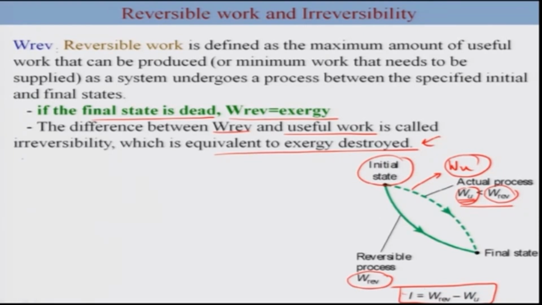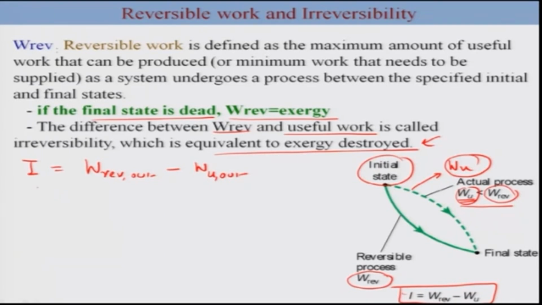So that's your I, which is the irreversibility, would be your reversible work out, which essentially means it corresponds to a work producing device, minus the useful work out. Okay, so it's clear that if you want the performance of a system to be maximized, then I should be minimum, or I should be minimized.